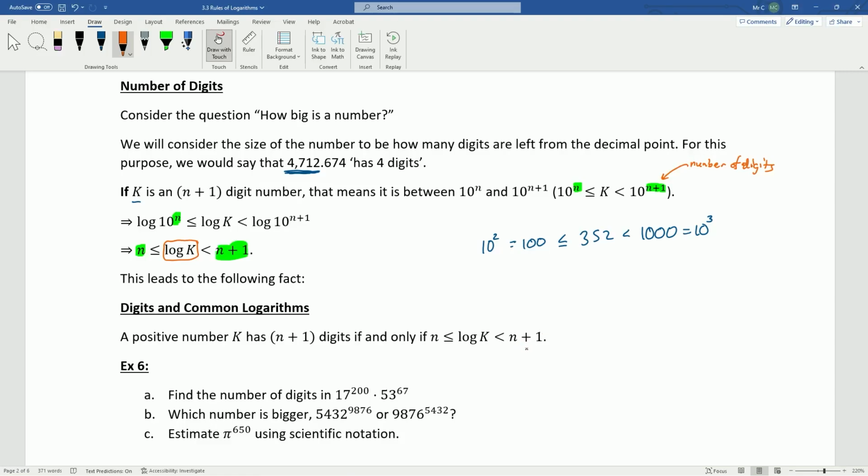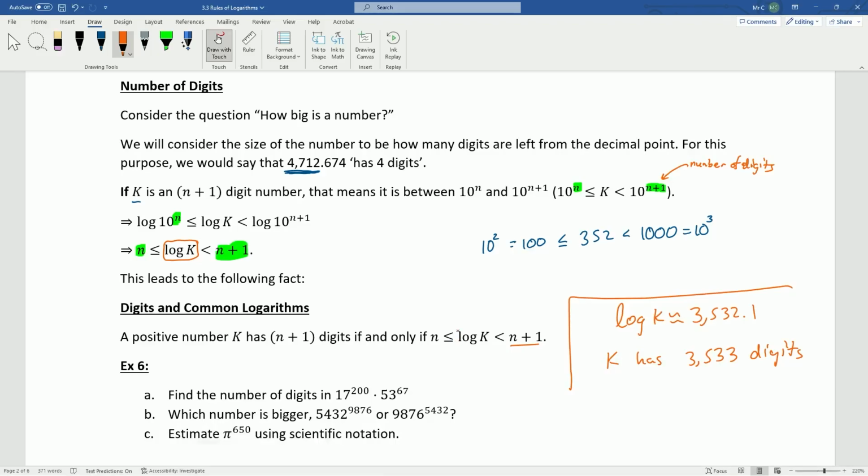Now this is very important because the number of digits is always the upper bound. If I got, for example, that log of k was 3,532.1, then k has 3,533 digits.